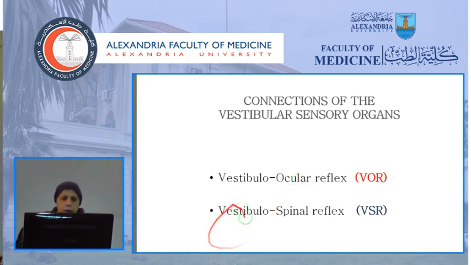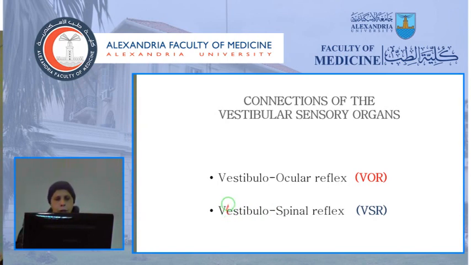The second reflex is the vestibulospinal reflex, and this again helps you straighten and get all the muscles of the trunk and the body in relation to the movements, to the ground or to gravity and so forth.